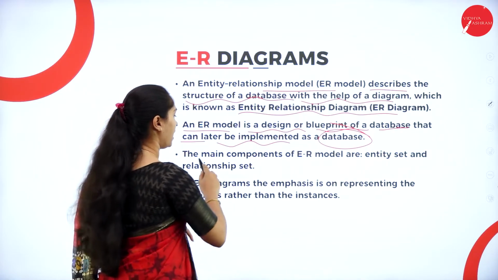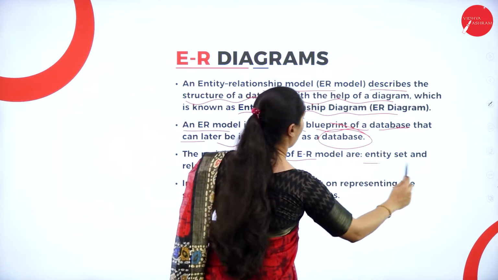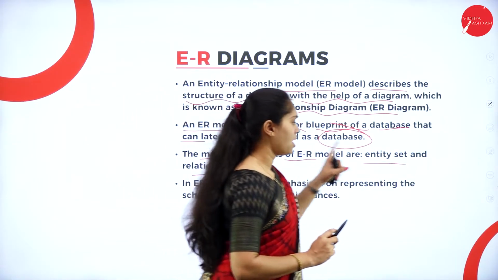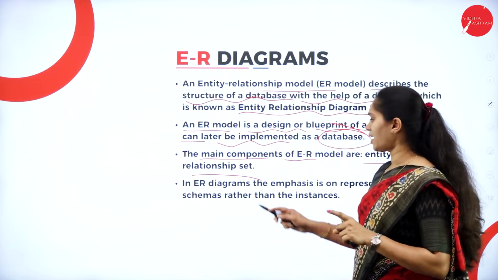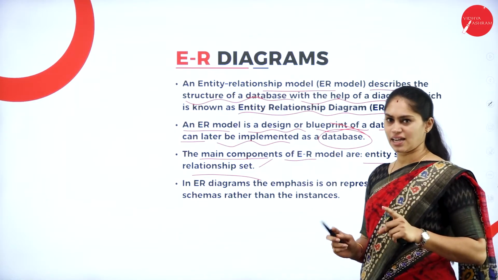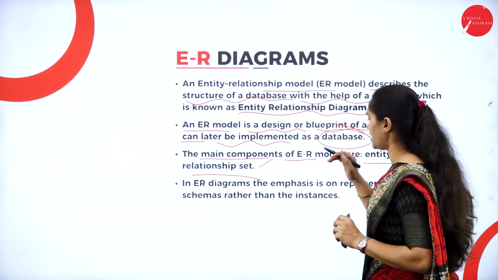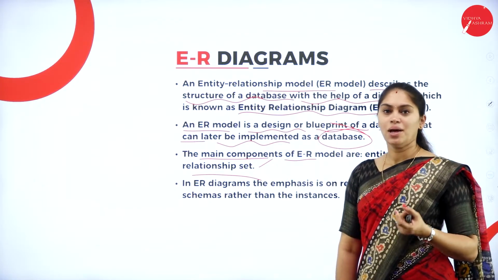The main components of the ER model are the entity set as well as the relationship set. We already know about the entity set, and we have also learnt about the relationship set. So if I want to draw any ER diagram, these two components will play a major role.